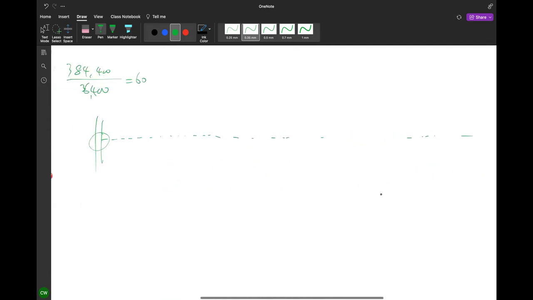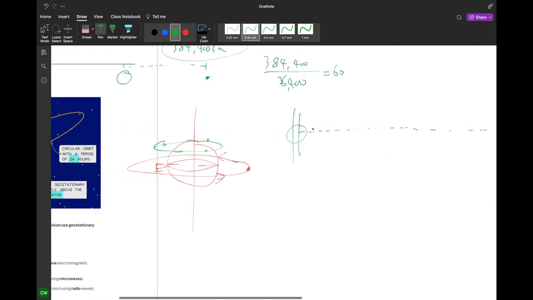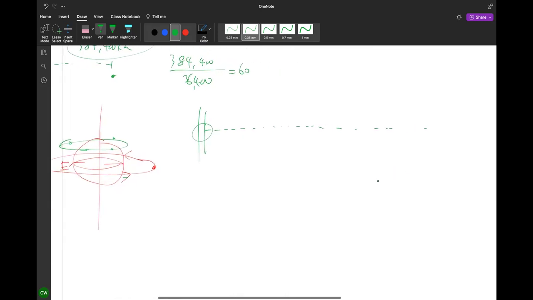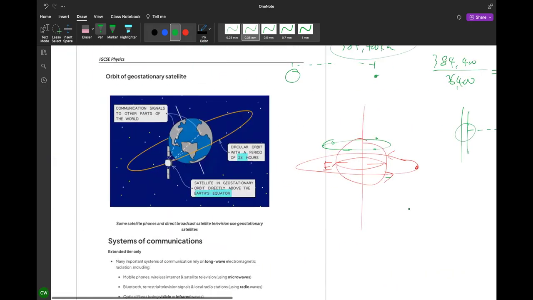But how come it can still stay there? So far away. That means the gravity of the Earth is quite strong. Where did the moon come from? It's actually captured by the Earth because of the gravitational field. But it's far away.